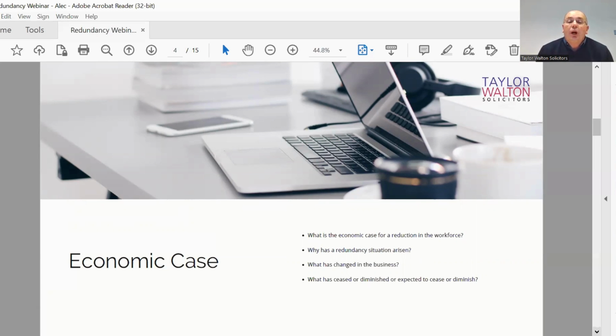No longer is there a requirement for the number of current employees undertaking a particular kind of work because there's a downturn in the economy, recession, etc. Or it could be the impact of new technology. So what the employer has to do is establish whether there's an economic case, why a redundancy situation has arisen, what has been the change in the business.